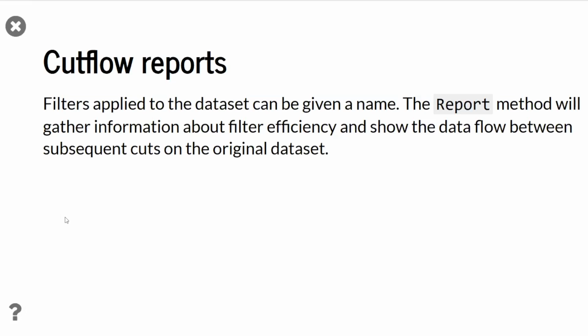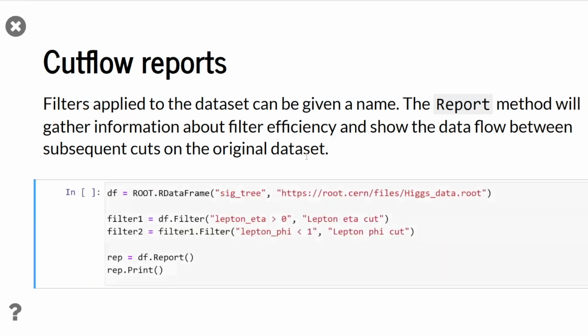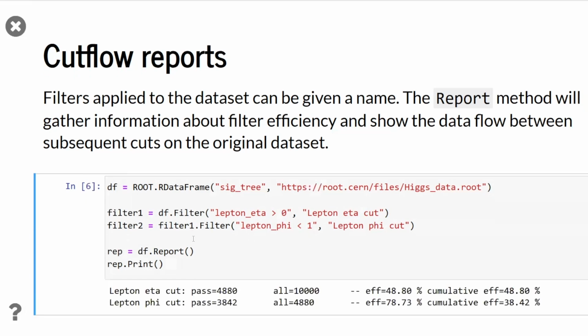So the filter efficiency, depending on the columns, the branches, and which particle properties you're observing with the selections. In RDataFrame, you have this Report operation that gathers all the information from the filter calls that you have applied to your dataset, and then prints out this report if you ask it to after the event loop, after the computation loop is run.